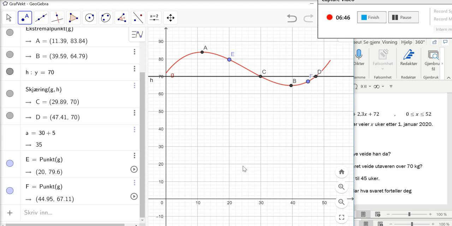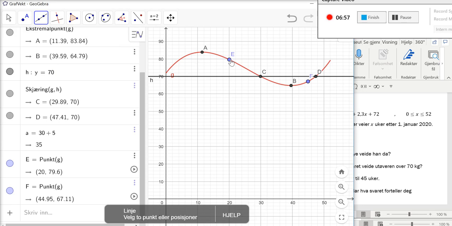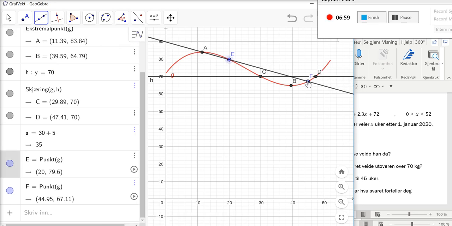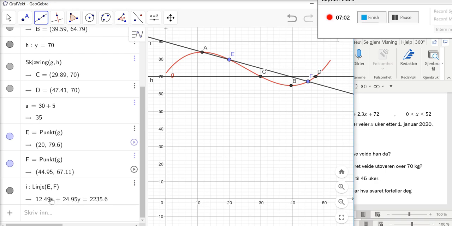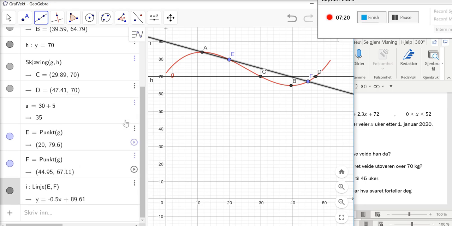But the easiest way here, we don't have to think, we just need to find those 2 points approximately, and then we can use line here, and just make a line between, press E and then F, and we get this line here. We normally want the line on the form y equals ax plus b, but we don't get it on this form, so we just have to right click here and choose y equals ax plus b, and then we get this answer.